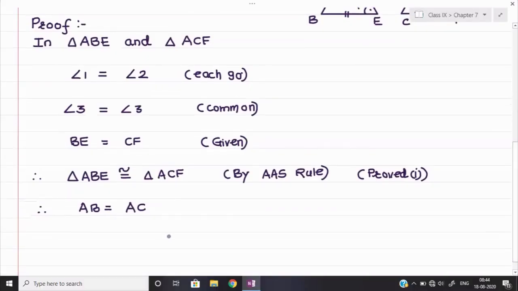Reason of AB equal to AC, we can write down here CPCT, corresponding parts of congruent triangles. And if AB and AC are equal, we can say that triangle ABC is an isosceles triangle.